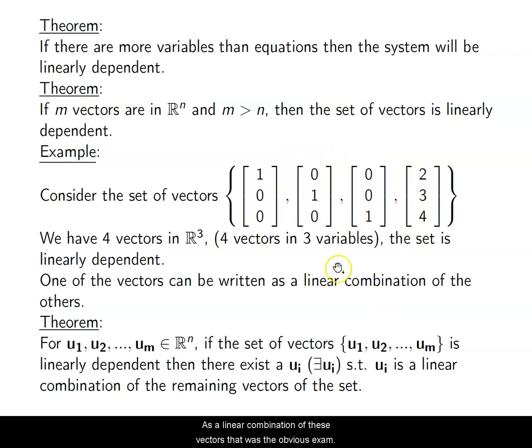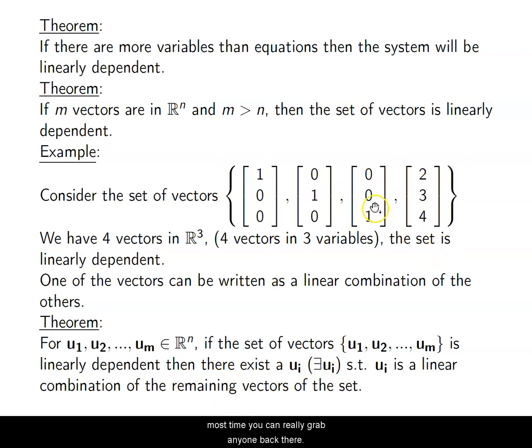That was the obvious example. And I also said I can take, let's say, this vector and I can write it as a linear combination of these 3 vectors. I can literally take any one of these vectors out and write it as a linear combination of the remaining vectors. Sometimes it's specific to a certain vector, most of the time it's not.